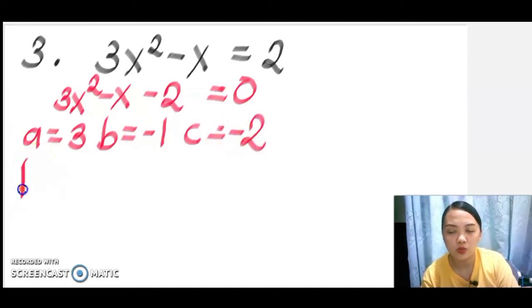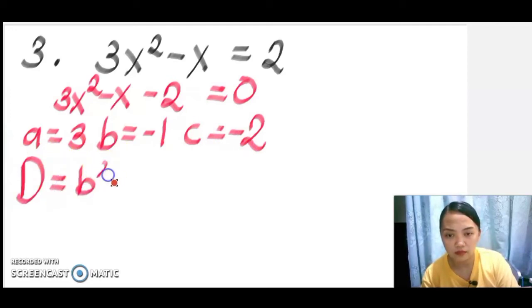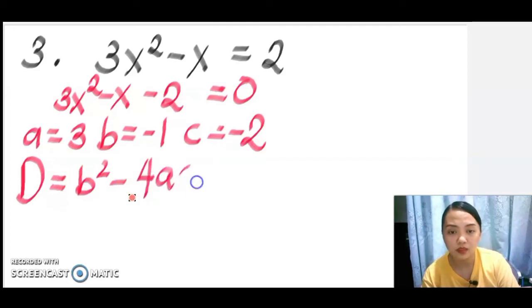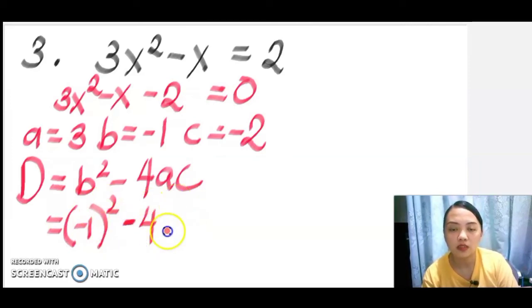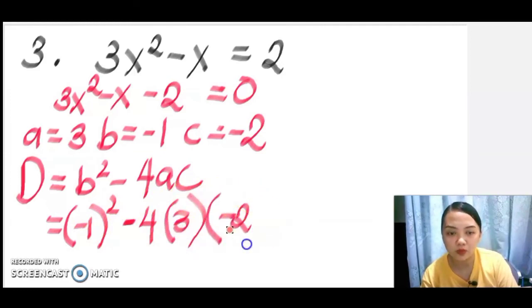Okay, so by substituting the values of A, B, C in the discriminant, we have, what is our B? Negative 1. Negative 1 square minus 4 times 3 times negative 2.